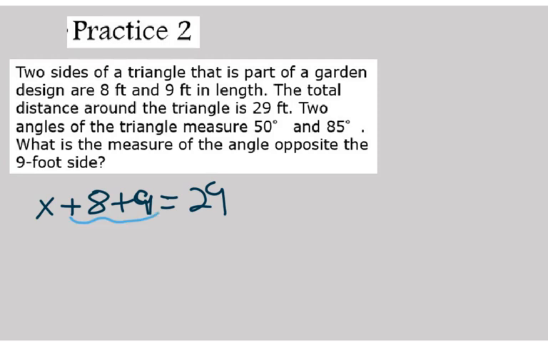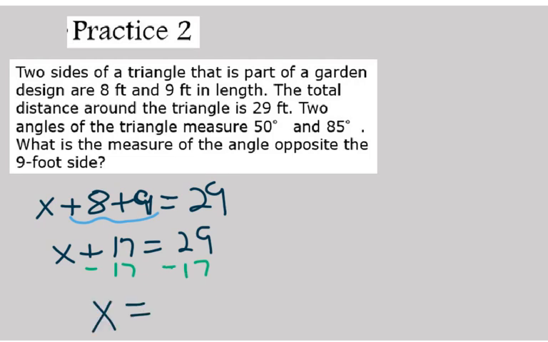If we combine the 8 and the 9, we'll get 17. So now it says x plus 17 equals 29. And then to finish out this equation, we need to subtract 17 from both sides. Subtract the two side lengths that we know to figure out the missing one, and x equals 12. 12 feet to be exact.